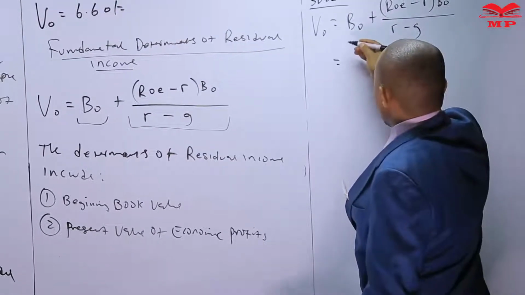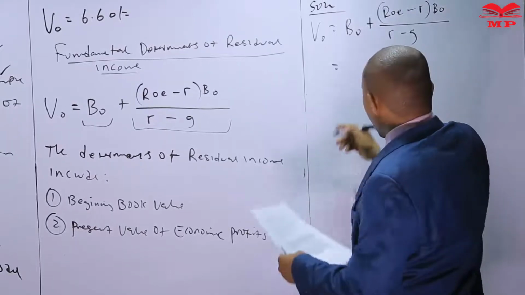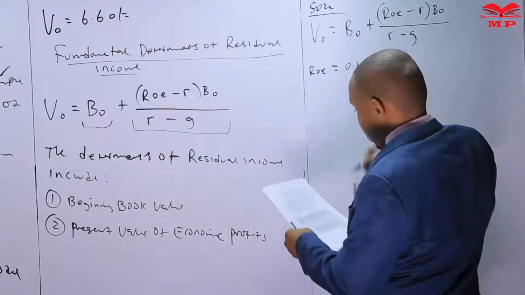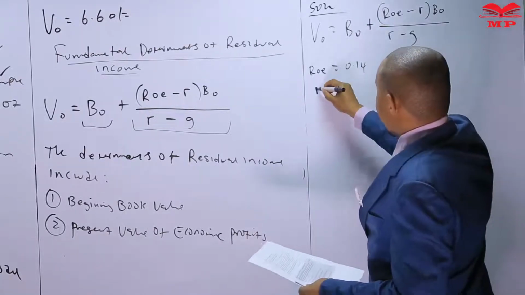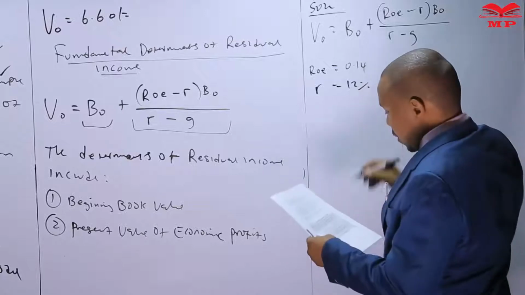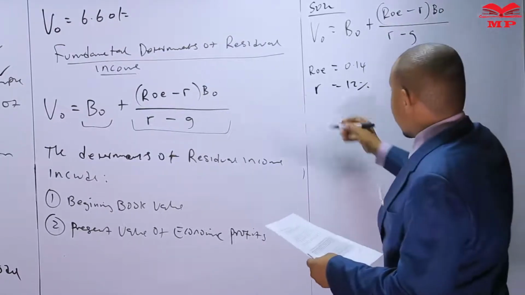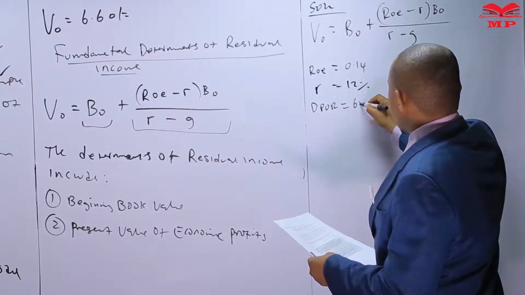So we're saying, do we have the B naught? What do we have? We have been given the ROE, which is 0.14 or 14%. The required return, that is R, is given as 12% there. And the dividend payout ratio is 60%.